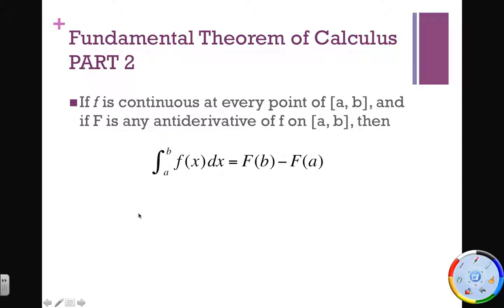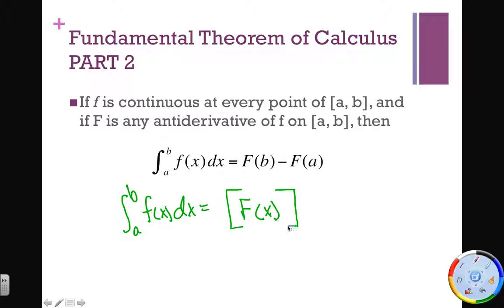All right, so if I said from a to b of f of x dx is equal to big F of x, and this particular textbook uses square brackets, and they say a to b. Well, this statement right here is saying, okay, take f of b, the top one, minus big F of a.